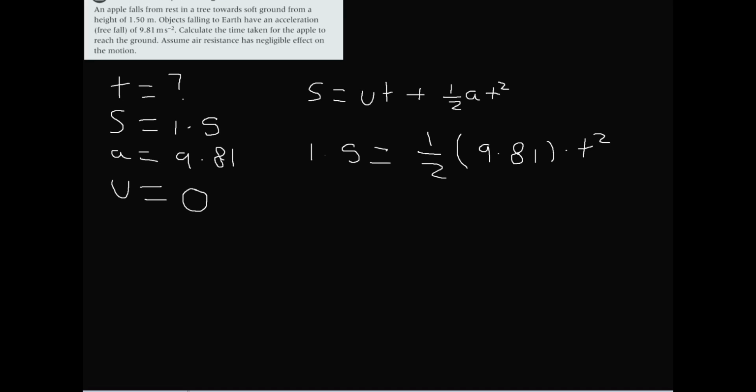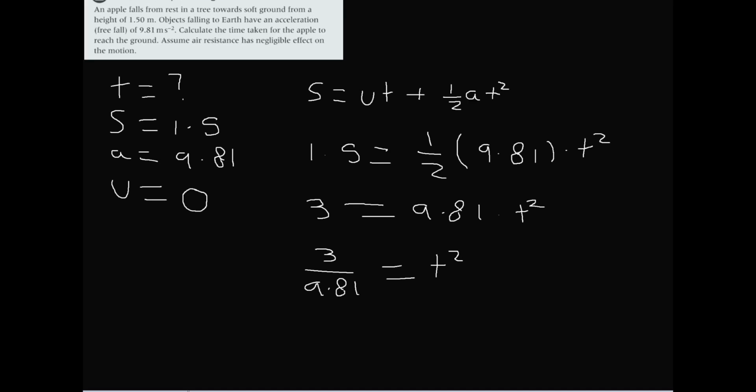So I'm just going to rearrange this and solve for t now. Now I'm just going to multiply each side by 2. So I get 3 is equal to 9.81 multiplied by t squared. Now I'm just going to divide through by 9.81. So I get 3 over 9.81 is equal to t squared.